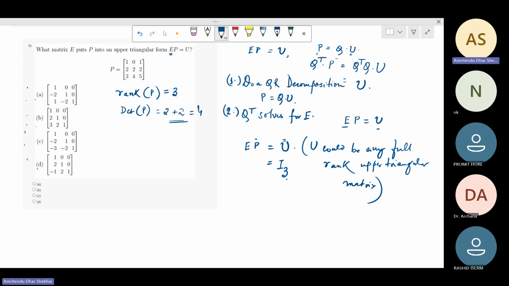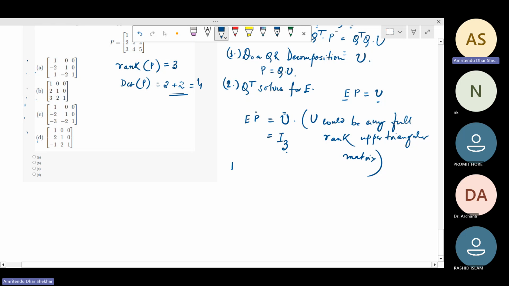Let's say there is a lower triangular matrix L and you write L times P equals some U. If U is upper triangular, you can always multiply U with a scalar A, and multiply L also with the scalar A, then this will still be an upper triangular matrix and this will be a lower triangular matrix.